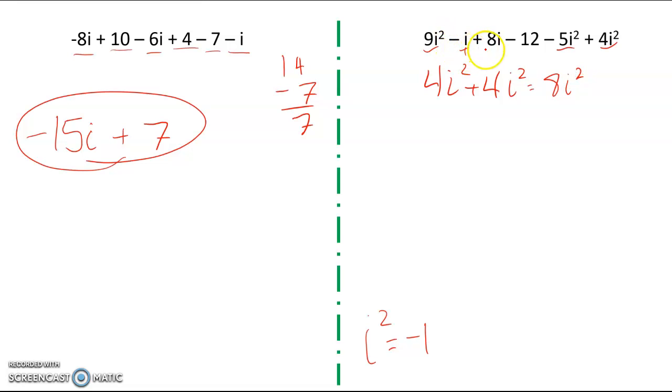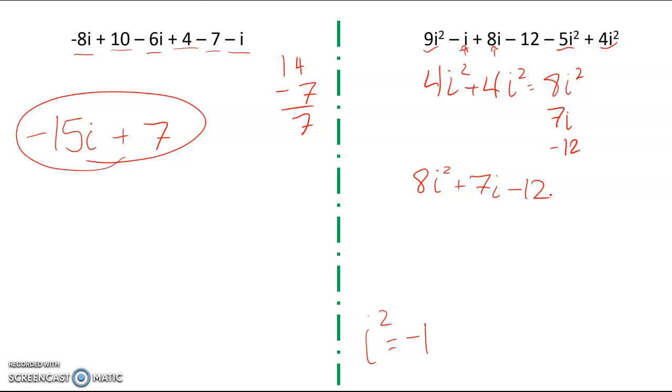Combine my i's here. I get 8i minus i, that just gives me a 7i. And then my negative 12 just stays negative 12. So I'm going to rewrite it over here. 8i squared plus 7i minus 12.